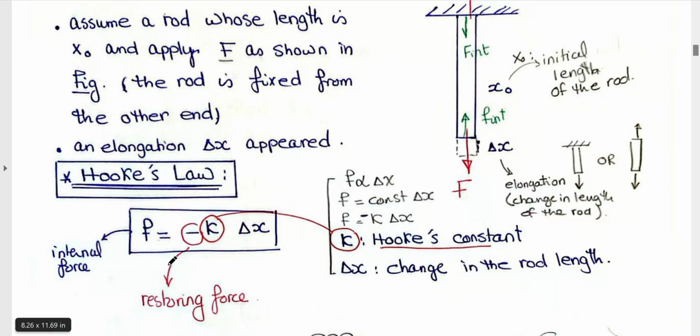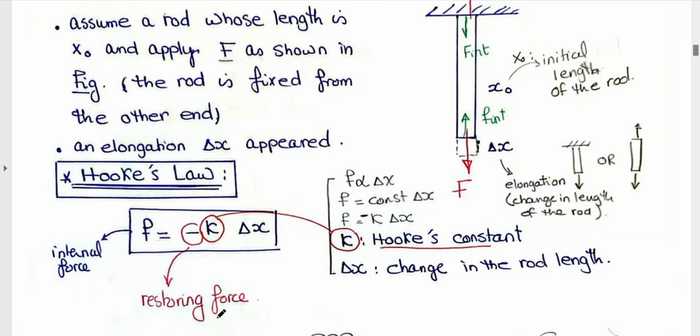This is Hooke's law. Hooke's law says that the internal force that we have in the rod due to applying external force F capital equals negative K delta x. Negative means it's a restoring force.